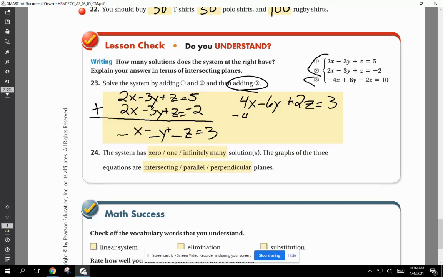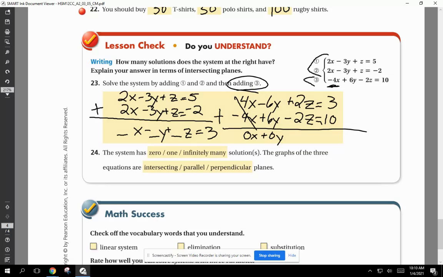And then here's the negative 4x one: negative 4x plus 6y minus 2z equals 10. This is where it gets crazy, because 4x plus a negative 4x is 0 x's. Negative 6y plus 6y is 0y.